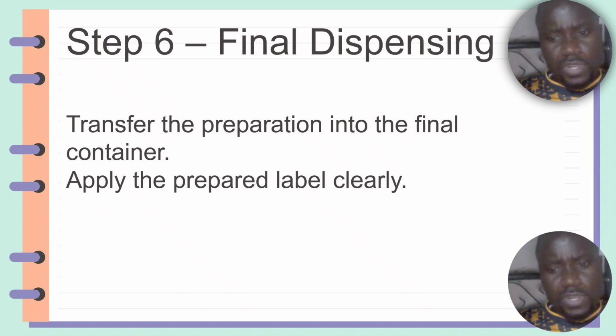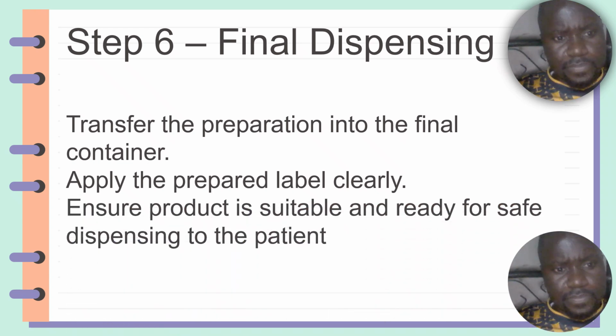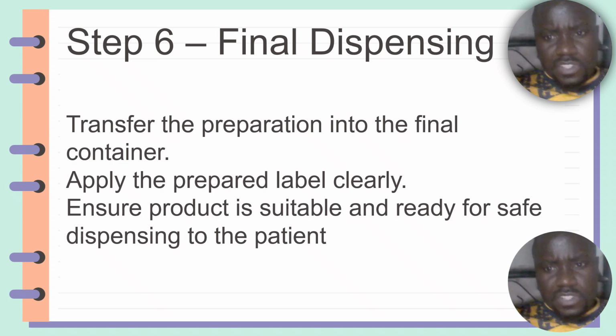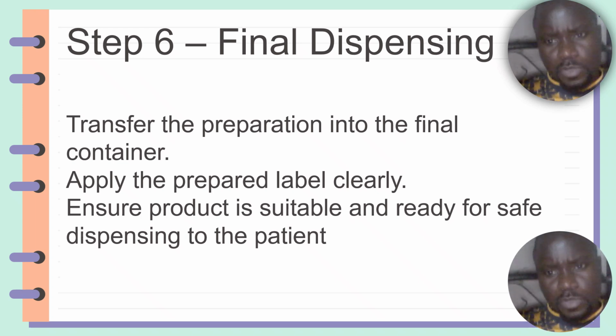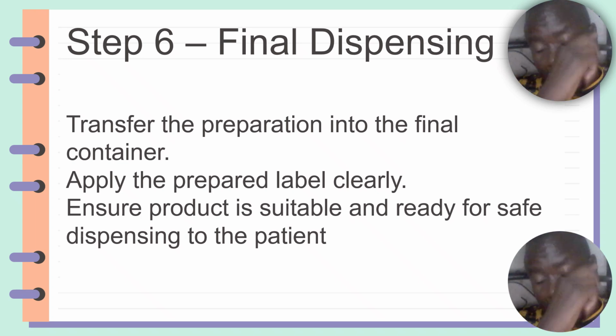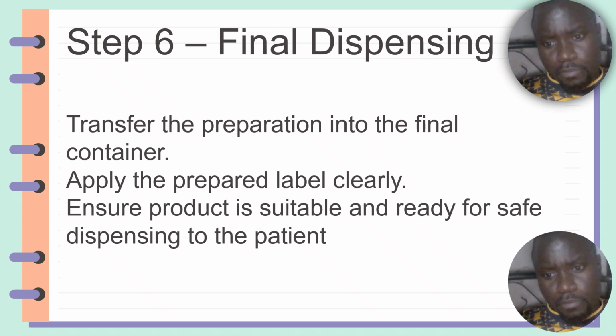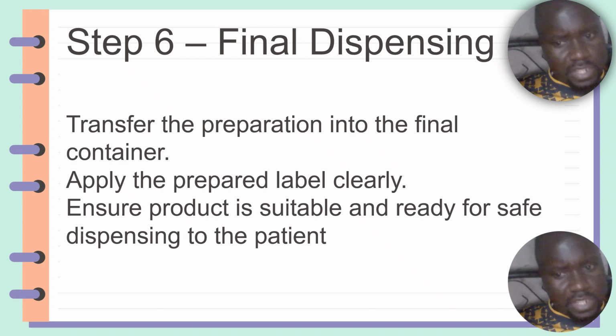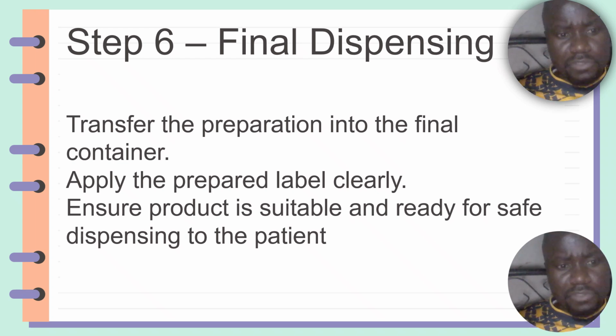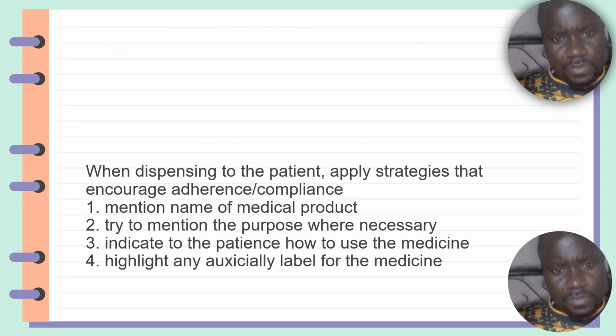This ensures we can see the ingredients in there, but the label is sufficiently given space also for clarity. If it's ointment, those small ointment bottles, we also have to leave some space for the contents inside to be seen. If it is a carton box, we use the longer side of the carton box for labeling. So ensure the product is suitable and ready for safe dispensing to the patient.